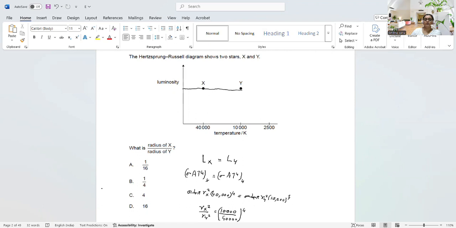So if I remove all the zeros, I am left with 1 over 4 raised to 4, which is 1 over 4 to the power 4. 4 to the power 4 is nothing but 256.